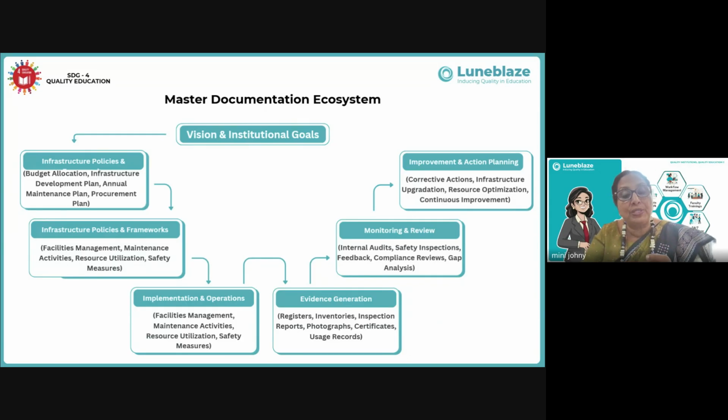And how we are using it: usage records, monitoring and review, internal audits. We should have internal audits. We should appoint our staff and empower them to go for inspection audits. What internal audits will they do? So we have to divide this work for them.